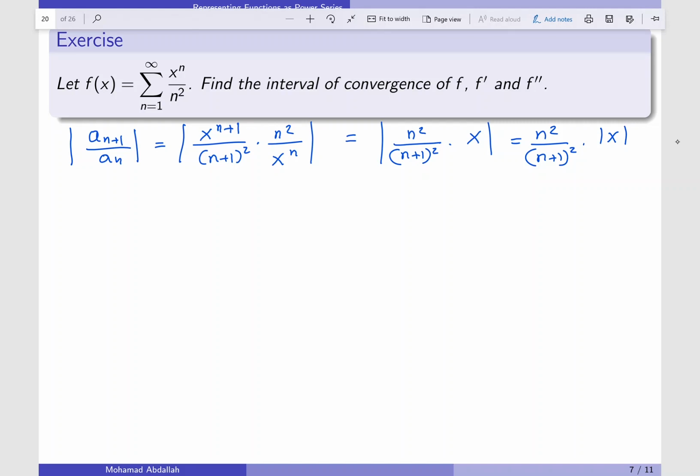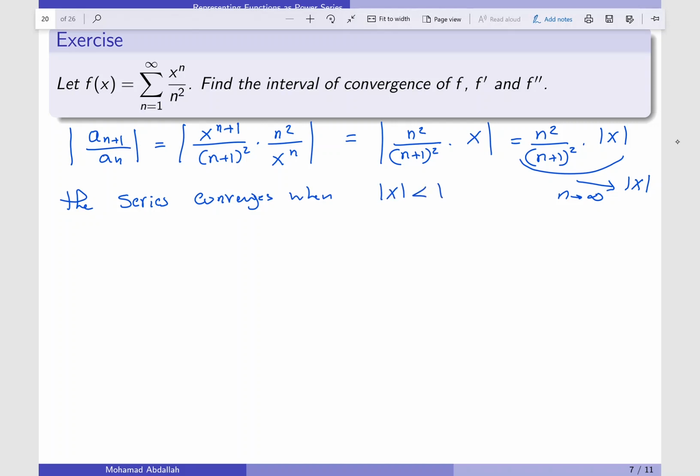Now, when I take the limit of this as n goes to infinity, the first term goes to 1, and this is a constant, so it approaches the absolute value of x, 1 times x. Now, by the ratio test, I know that the series converges when the absolute value of x is less than 1.